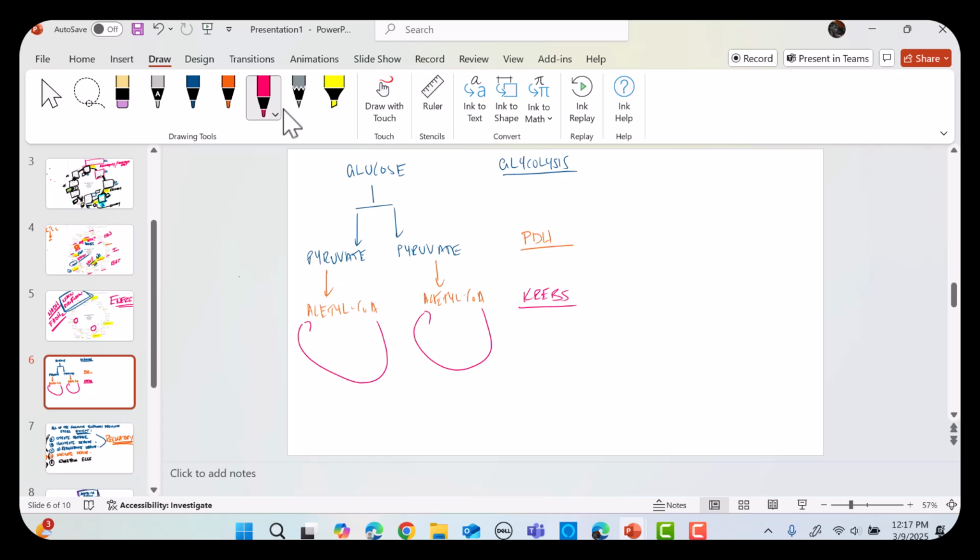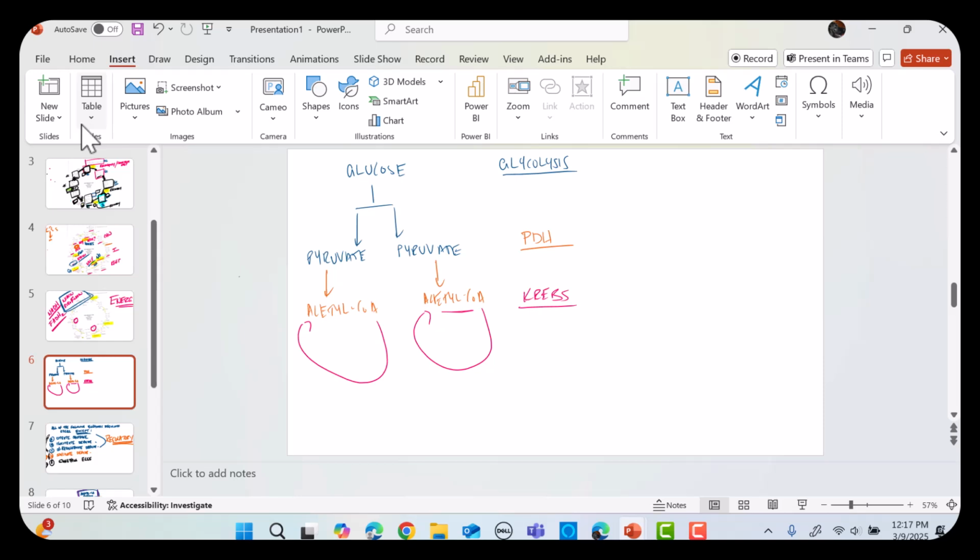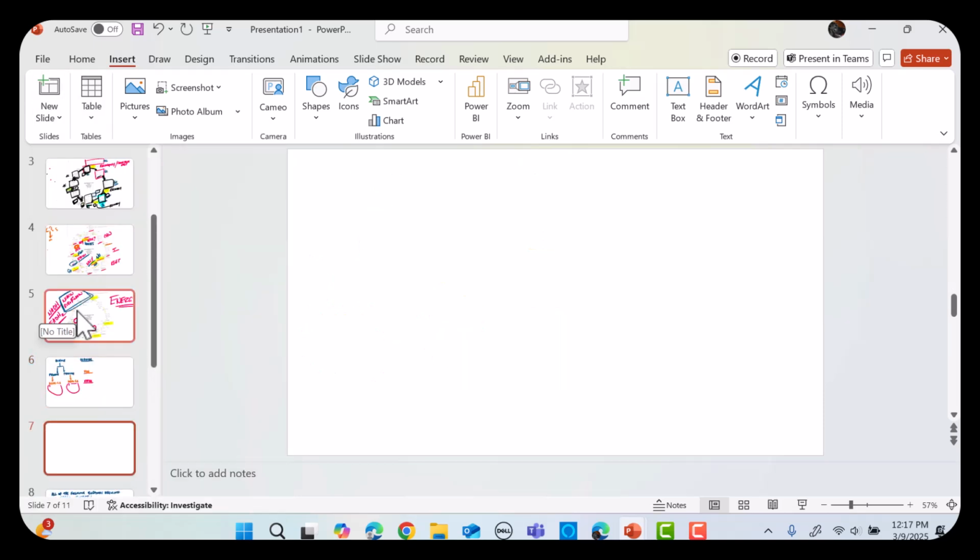So let's go back and talk about what we just got in the Krebs cycle, and we'll come back to this diagram. So in that one round of the Krebs cycle, what did I get? I got 3 molecules of NADH, I got 1 molecule of FADH2, I got 1 GTP. I got no ATP.